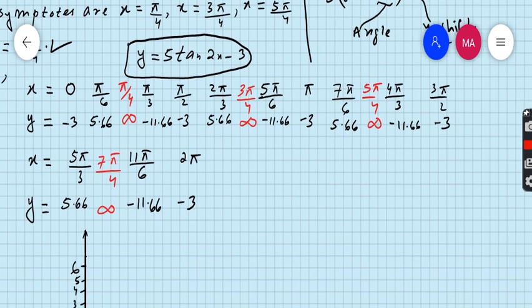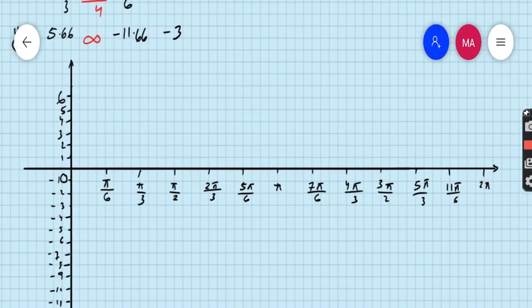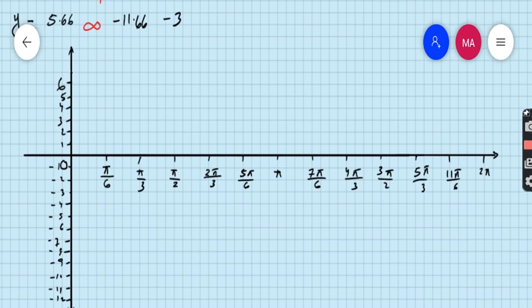Now, start to draw the graph. This is y. On the x-axis, I took 4 squares as pi by 6. From the above table, when x is 0, y is minus 3.